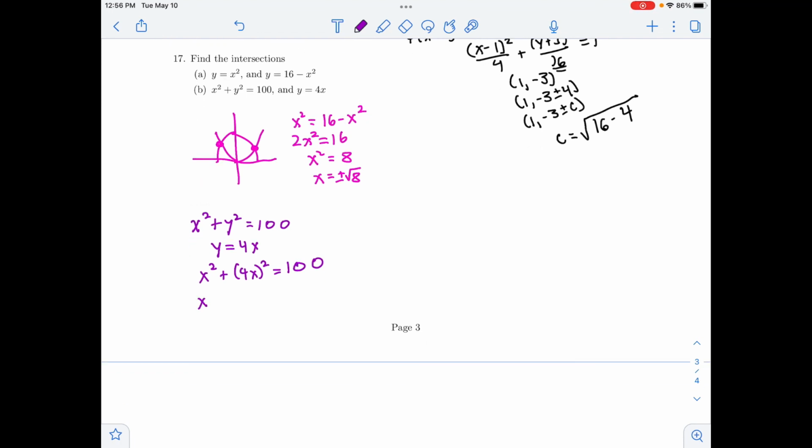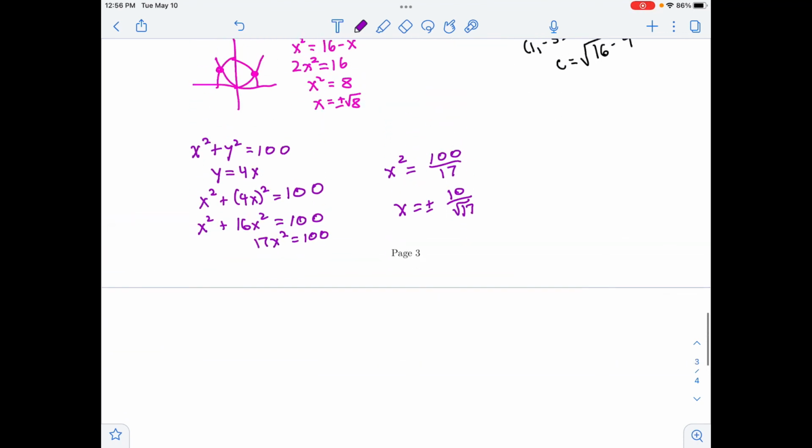So this is x squared plus 16x squared equals 100. That's 17x squared equals 100. So x squared equals 100 over 17, and x equals plus or minus 10 over the square root of 17. There, that's it.